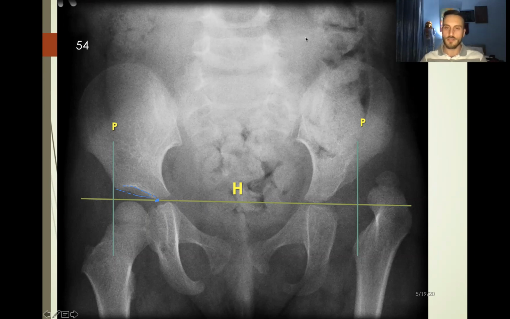If you forget, draw on both the anterior and the posterior and take the bigger one. So let's see how the acetabular index will look. It's going to be like this. This is the acetabular index for the right side. For the left side, the first point is where the acetabulum crosses the H line, which is this point. Oh, sorry, no.